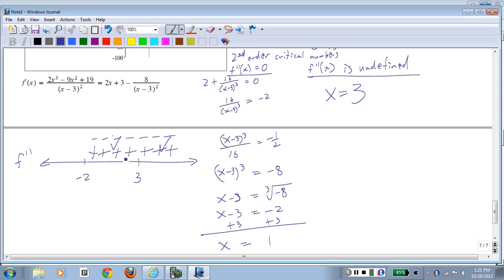I might pick it between -2 and 3, or greater than 3. So I need the test number there, even though there's no hope that that could be my inflection point. It'll tell me whether or not there's an inflection point at -2. So let's go with -3 and 0 and 4.